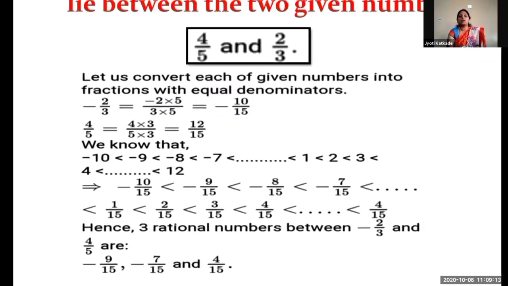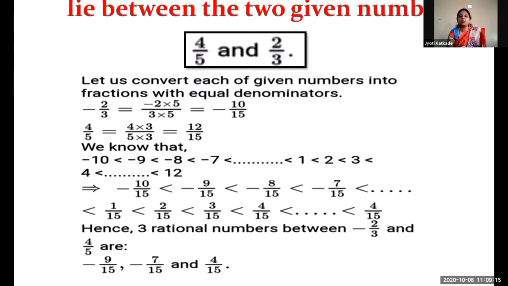When we multiply 4 upon 5 by 3, we get 4 3s are 12 and 5 3s are 15. So we know that in between -10 and 12, the denominator is the same here, 15. So the numbers in between -10 and 12 are -9, -8, -7.